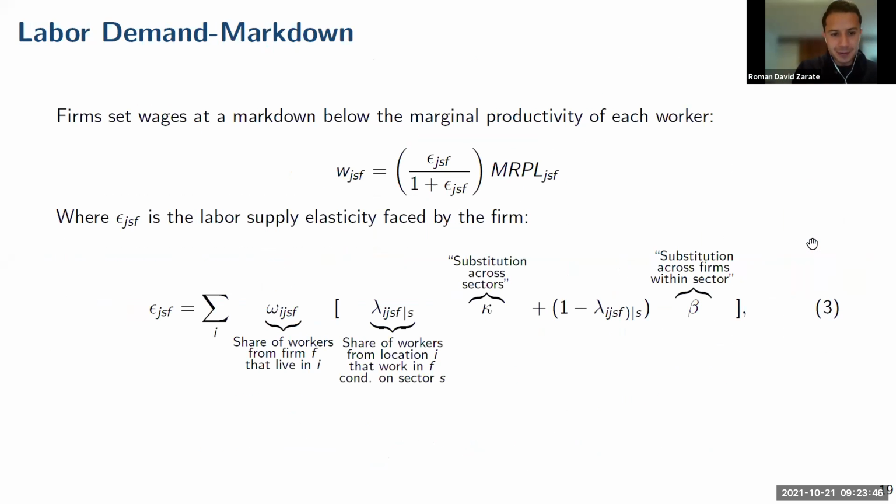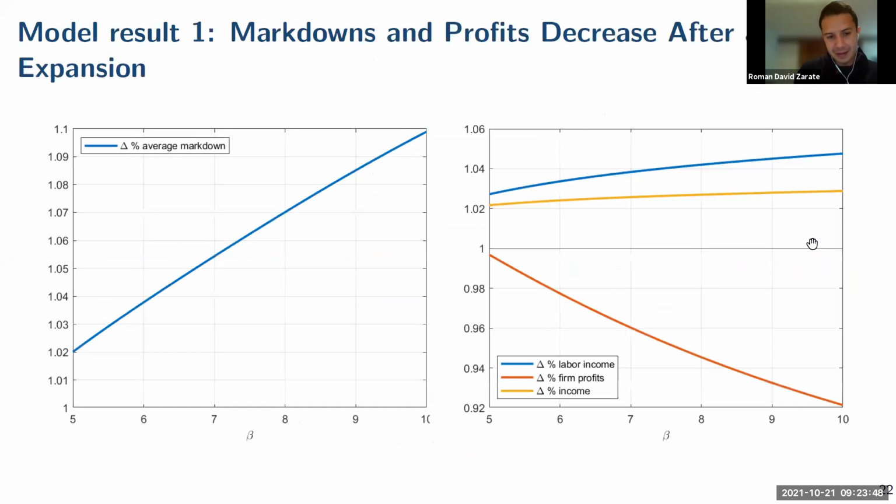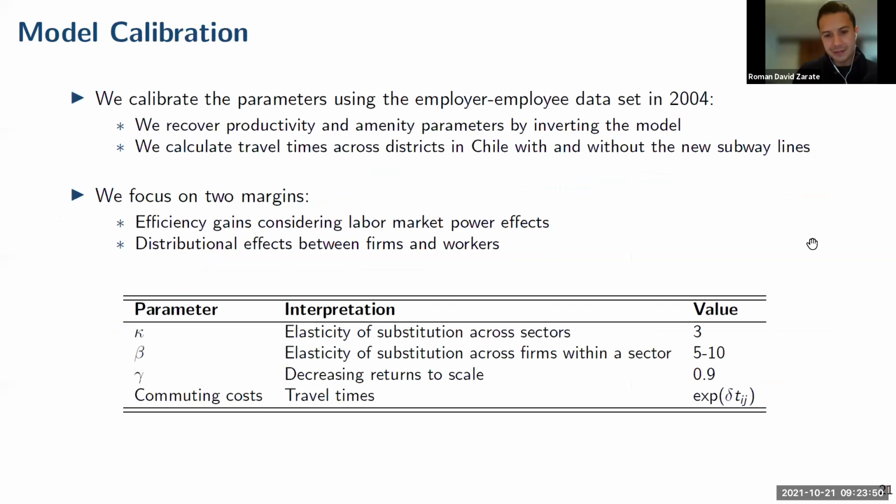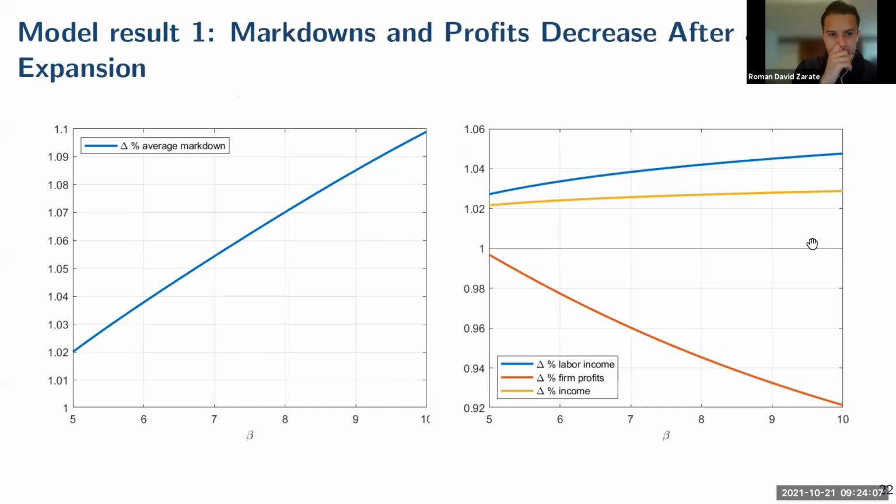So basically what we do is that we calibrate the model and run different counterfactuals to understand the effect of the transit infrastructure in terms of welfare. But we consider two margins: the margin in which we do not incorporate labor market power, which is only going to capture a spatial mismatch, and the margin in which we incorporate labor market power. So the first thing is that, depending on the supply elasticity in the model, the response of the average markdown is going to be higher.